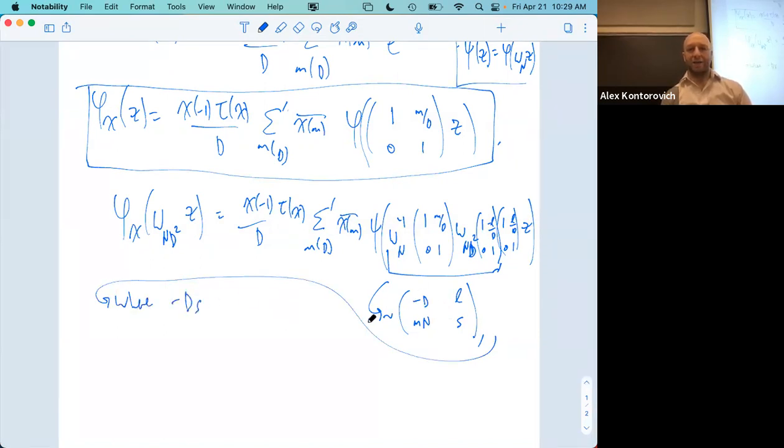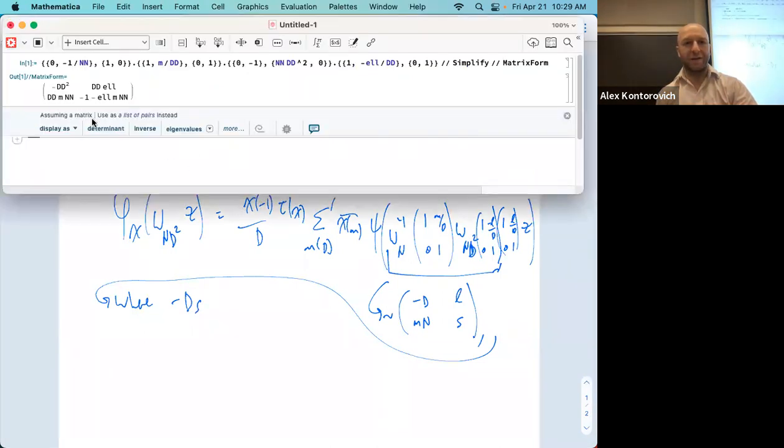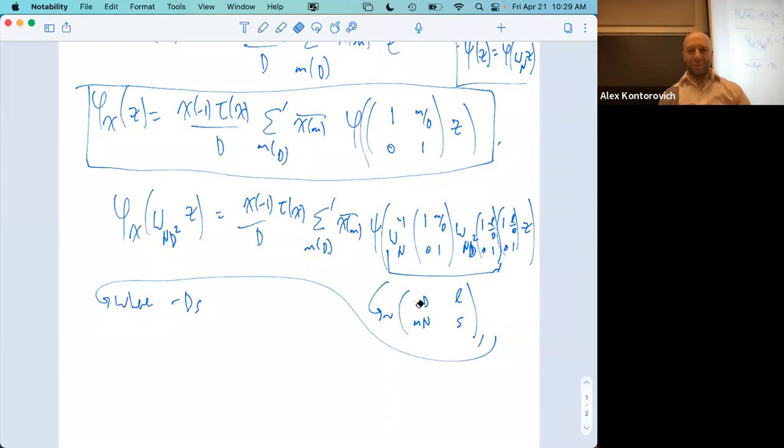I want a positive d here. Well, I can do that: I can negate everything and change the definition of s, because PSL or PGL acts. So ds plus lmn equals 1. And l has to be determined. This is true for any l, so I can choose such an l.